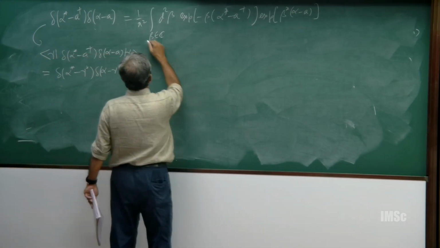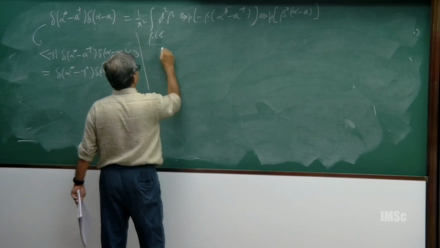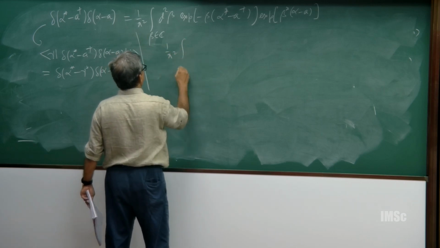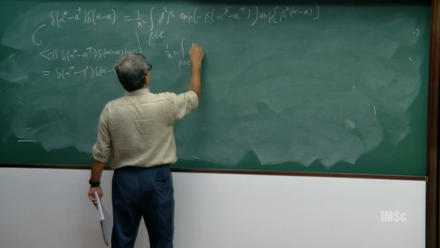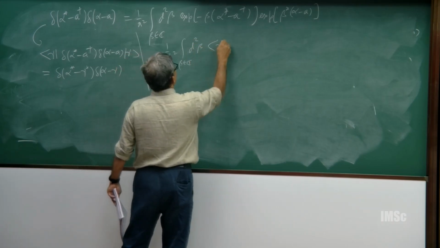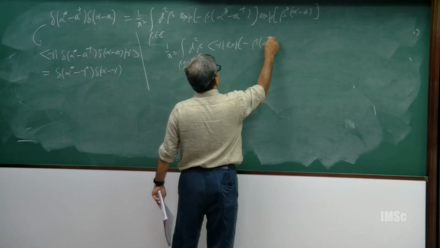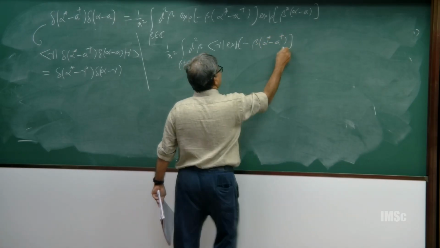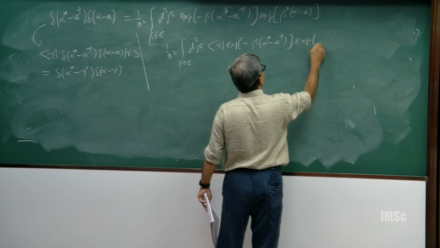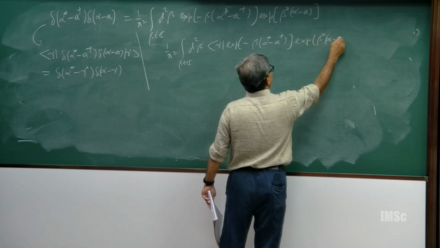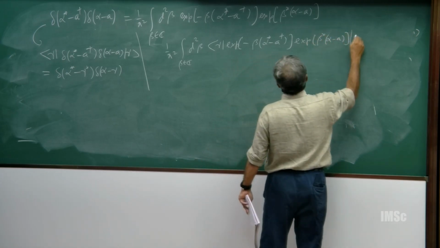Now, let us take this one: 1 over pi squared, integral over beta belonging to C, d squared beta, gamma, exponential of minus beta times alpha star minus A dagger, exponential of beta star times alpha minus A, gamma.